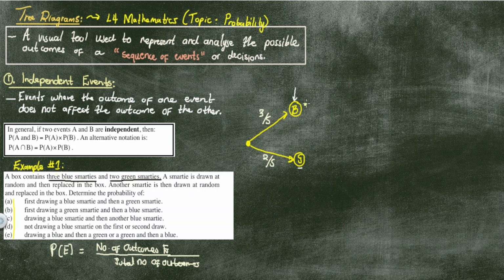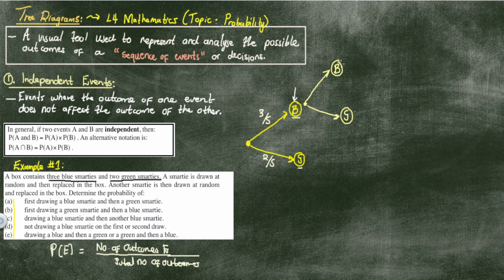Now, for the second draw, let's say for the first draw, I took out a blue. After taking out the blue, I put it back, I don't eat the smartie. I'm putting it back. So the outcomes after taking out the blue smartie are, for the second draw, I might take out the blue smartie or a green smartie again.